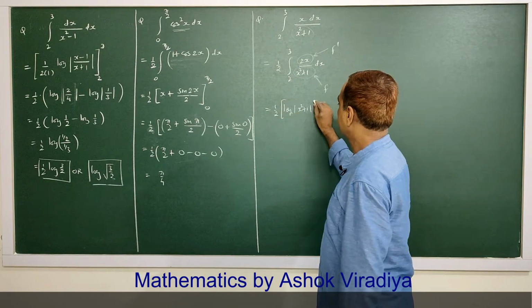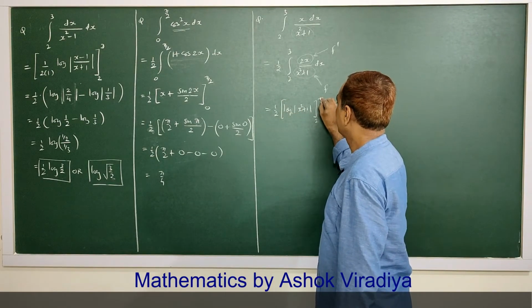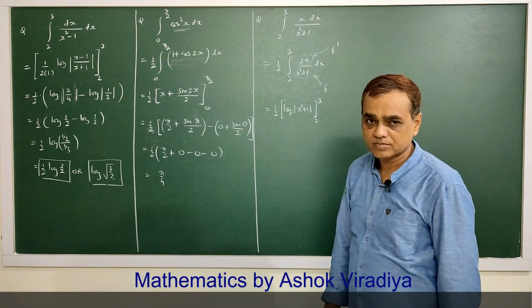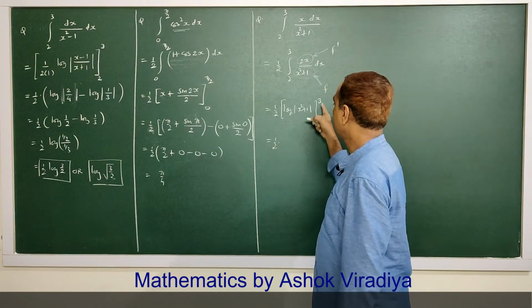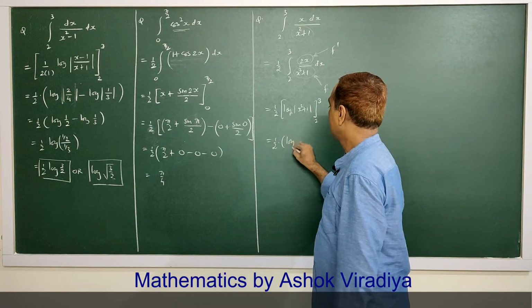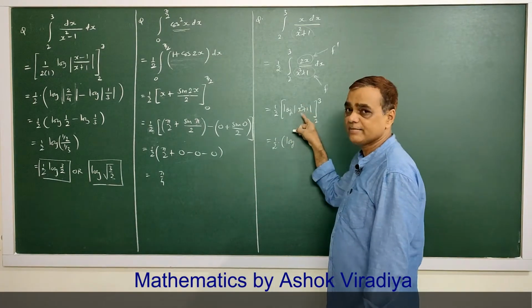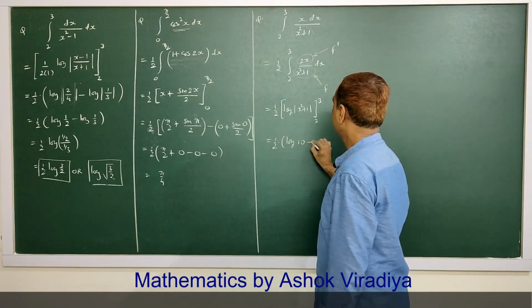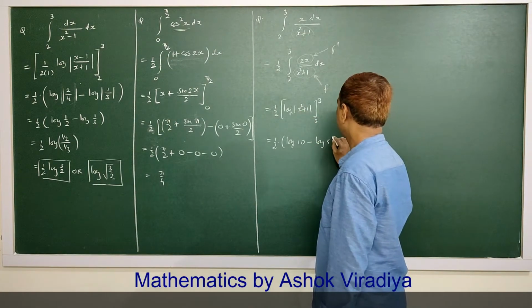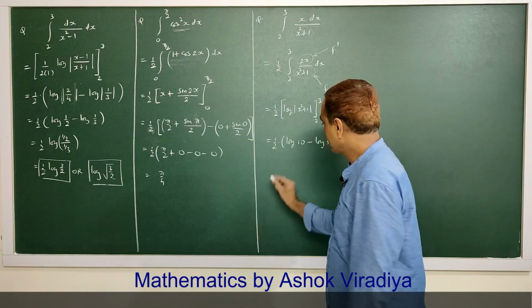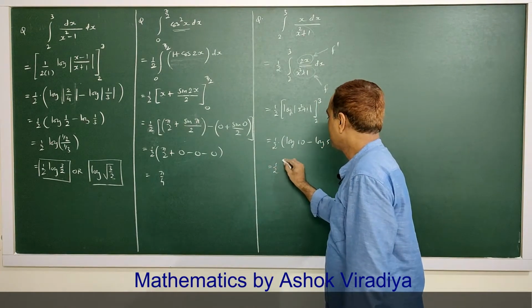Put in the limits here, 2, here 3. So that is 1 by 2 times, now upper limit, log of 3 square is 9, 9 plus 1 is 10, minus lower limit, 2 square is 4, 4 plus 1 is 5.